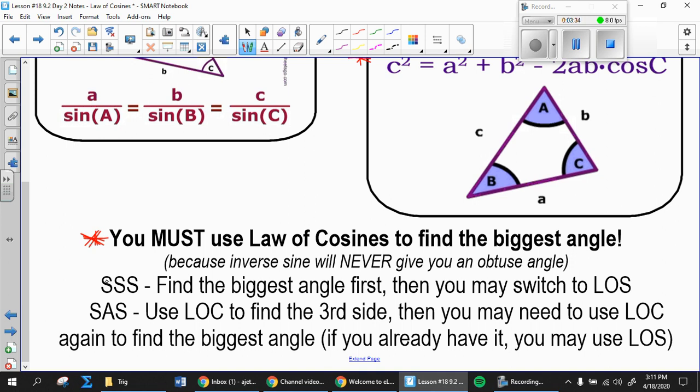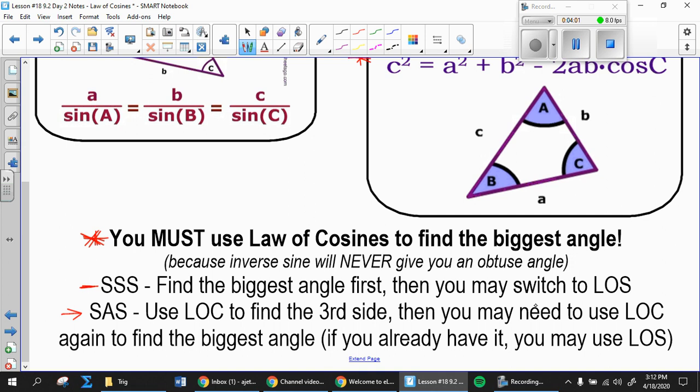So our two options here are side, side, side, and side, angle, side. When we're doing side, side, side, we're going to find the biggest angle first. And then to find the rest of the things, if you want to switch to law of sines, perfectly fine. With side, angle, side, we're going to use law of cosines to find the third side, and then you might have to use law of cosines again to find the biggest angle.